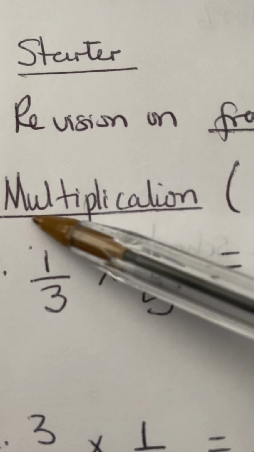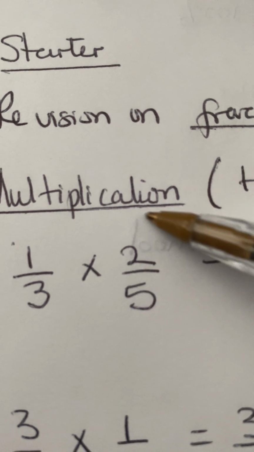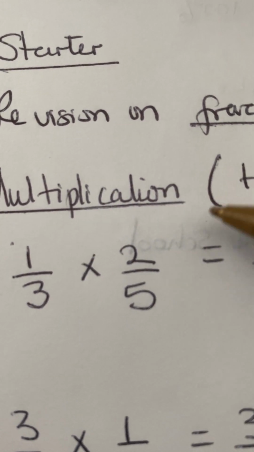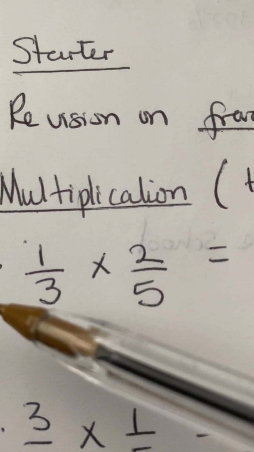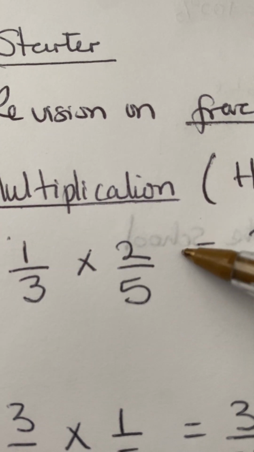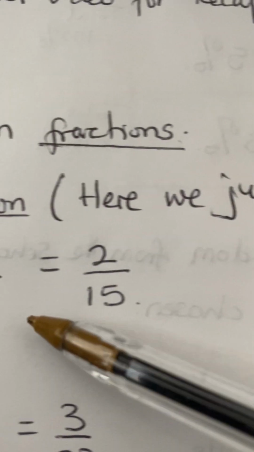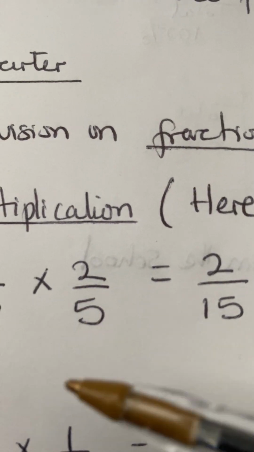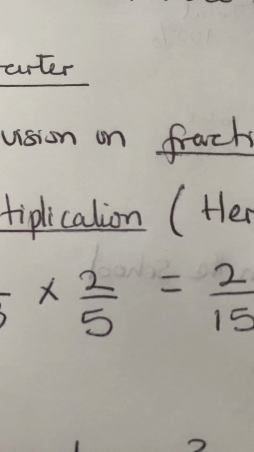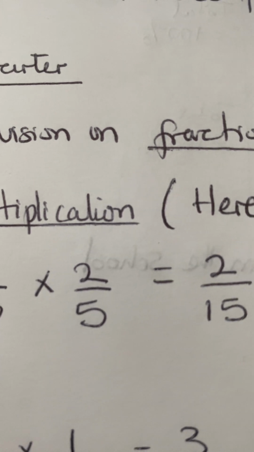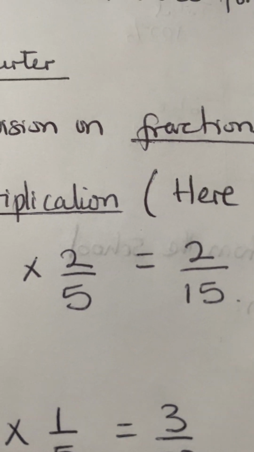If you are multiplying two fractions, you don't flip it like we did yesterday for division. You just multiply the numerators and multiply the denominators. Whatever you get, if you can reduce it any further, you can. If you can't, you leave it and move on.